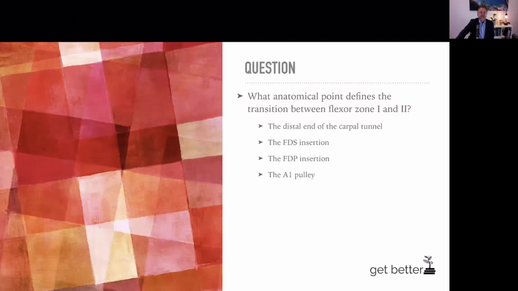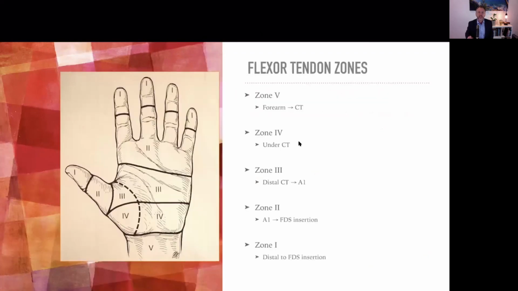So FDS insertion is the winner there, with 76% of the votes, with FDP following on behind. So the winner being the FDS insertion is the anatomical point which defines the transition between zone 1 and 2. And that is in fact correct. So zone 1 being distal to that insertion, and zone 2 being from that insertion all the way proximally to the A1 pulley.